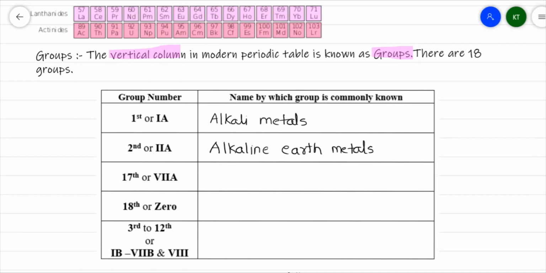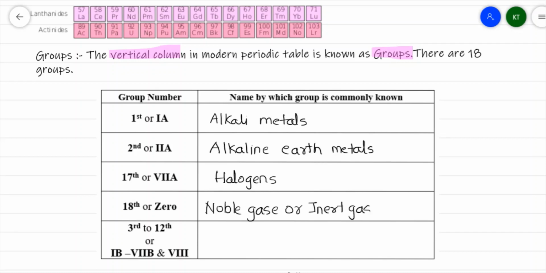Then group 17 or 7A are called halogens, that is sea salt formers. We have chlorides, bromides, iodides found in seawater. That's why they are called sea salt formers or halogens. Group 18 or zero group elements are called noble gases, or they are also called inert gases because of their chemical inertness.